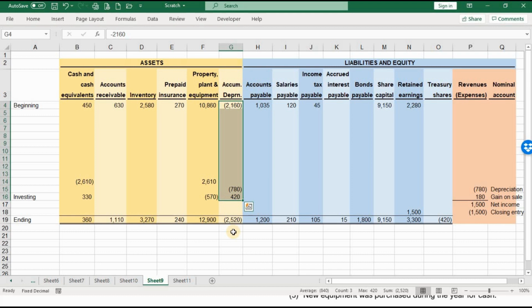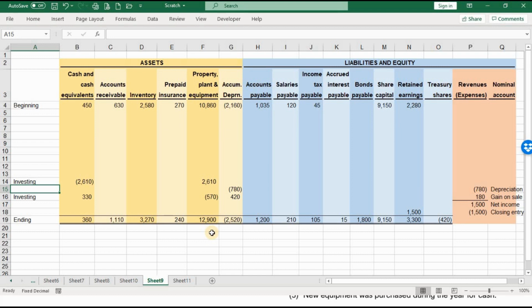So we are now complete with regards to the cash flows from investing activities. This includes the 330 cash proceeds from the sale of equipment, which is classified under the investing activity, and the negative 2,610, which is also an investing activity for the purchase of new equipment.